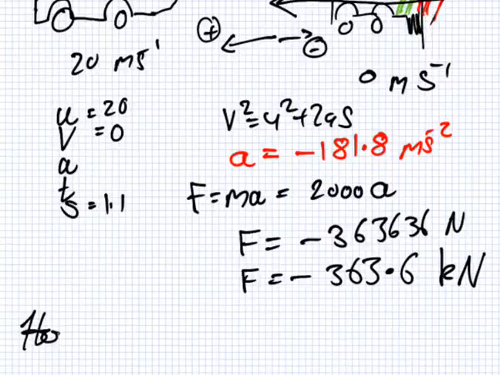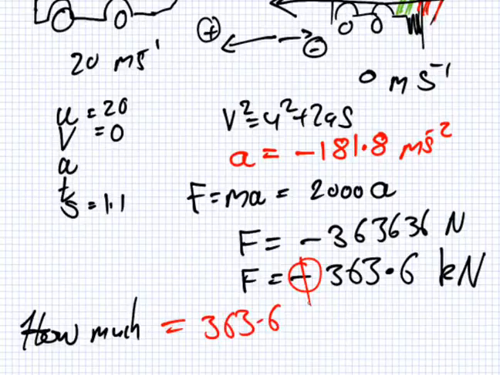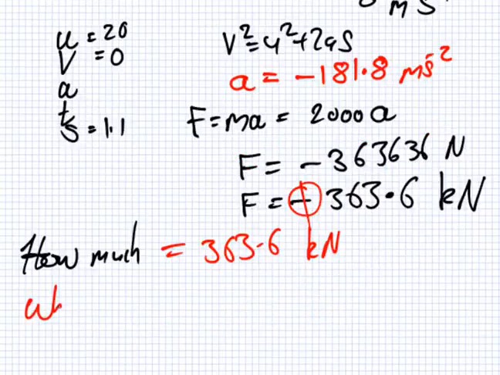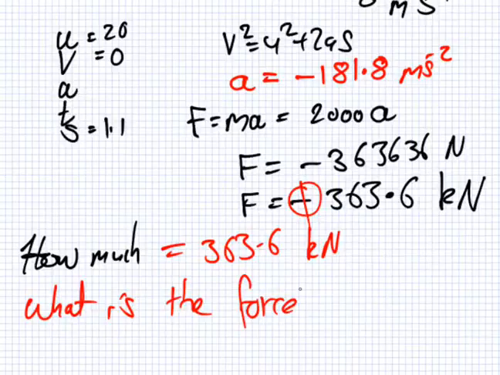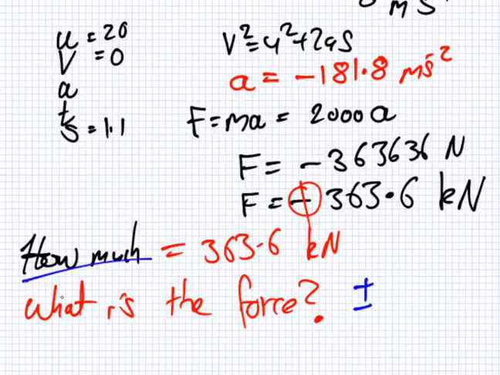So, F equals MA, which equals, what did I say the mass was? 2000, wasn't it? Yeah. So that's a huge number of minus 363636 newtons. Or if you want, the force is minus 363.6 kilonewtons.